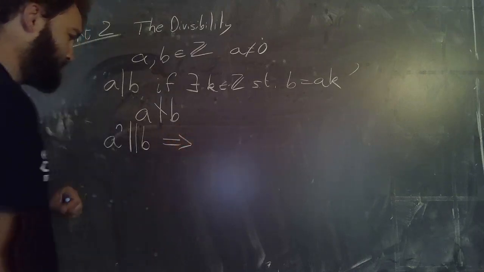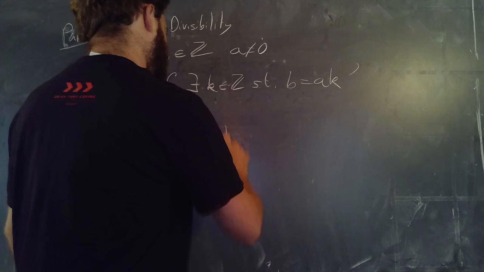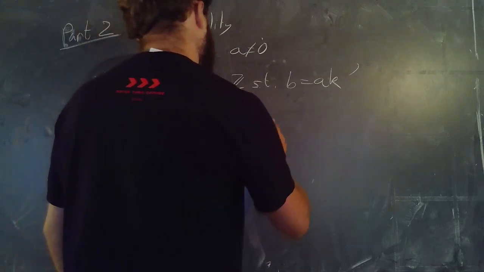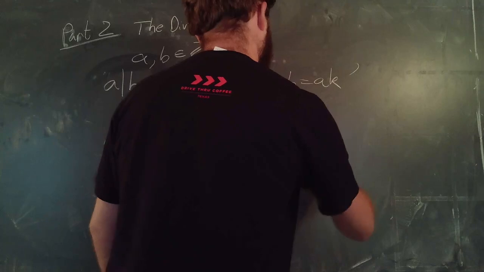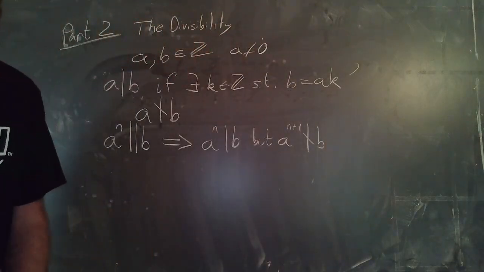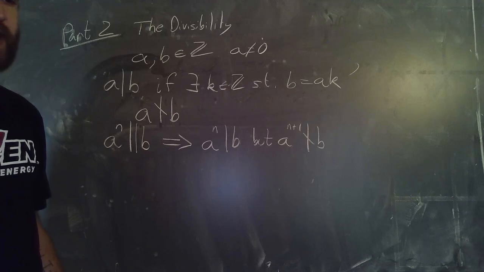What that means is that a to the power n divides b, but a to the power n plus 1 does not divide b. In other words, a to the power n is the largest such power of a that will divide b.